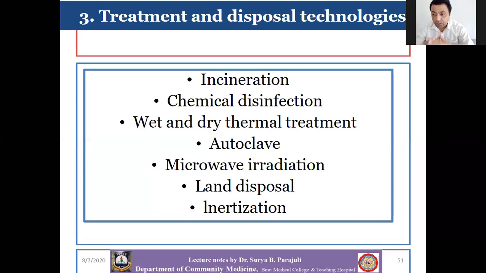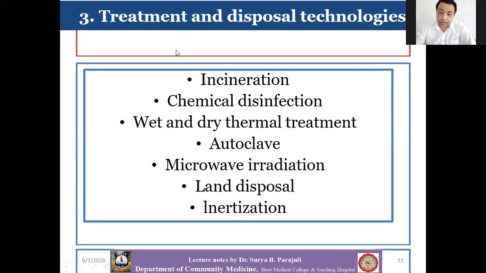And you need to mind one thing, especially the radioactive waste or the cytotoxic waste. It should be separated earlier, before storage. You need to put that waste in a separate container. We have different modalities of managing those types of waste. I think it is beyond the scope of this class.